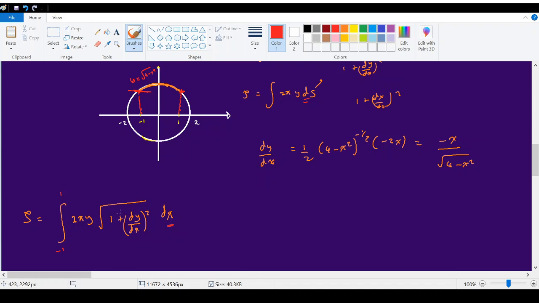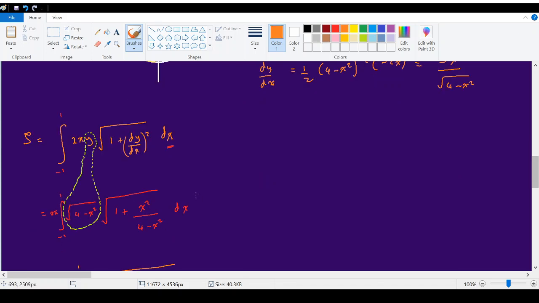So once you have these details, it's just a matter of computing the integral, and it can be done as follows, like this. And here once again we have to be careful, because we are differentiating with respect to x, we are integrating with respect to x, so we cannot have a y variable inside.